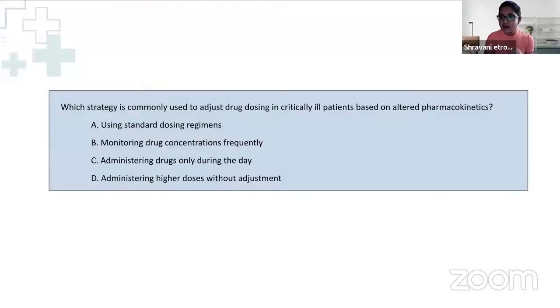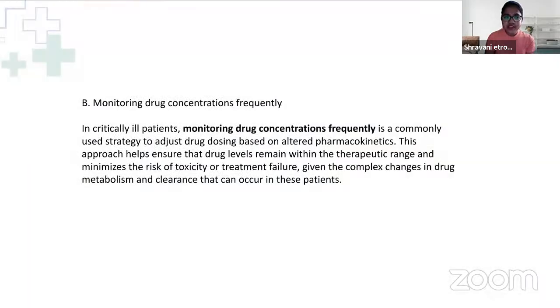Let me give you the options: using standard dosing regimens, monitoring the drug concentrations frequently, administering drugs only during the day, administering higher doses without adjustment. So the answer is monitoring drug concentrations frequently.